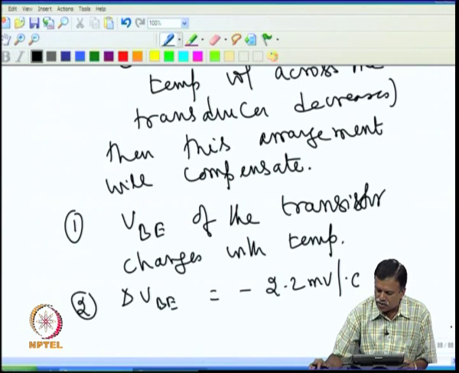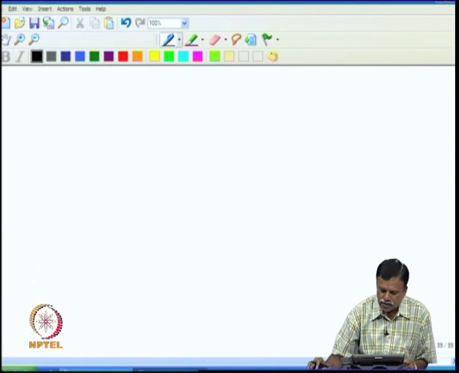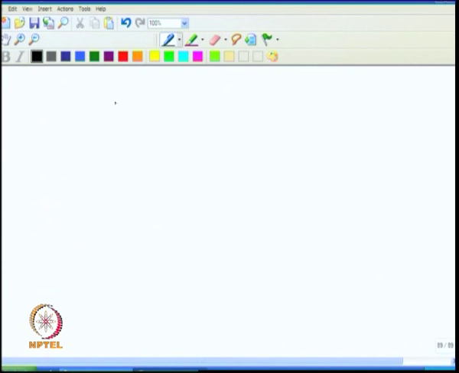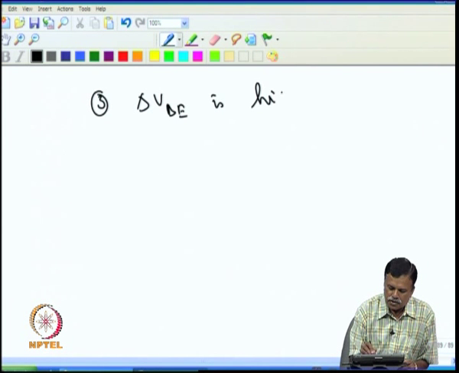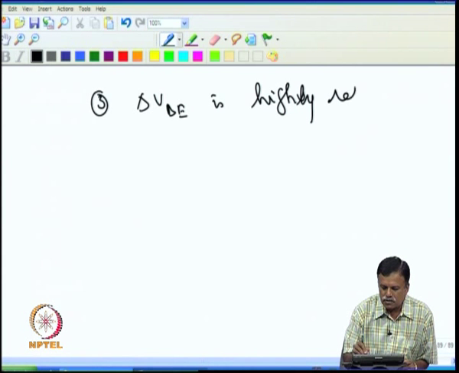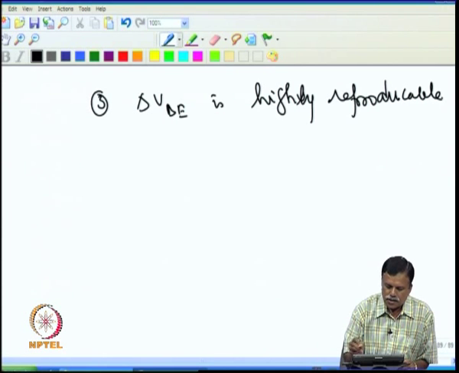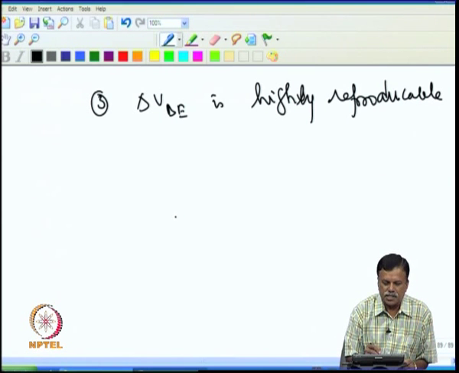With transistors they do not change. The third point is that delta VBE is highly reproducible. So, one will get a repeatable result.